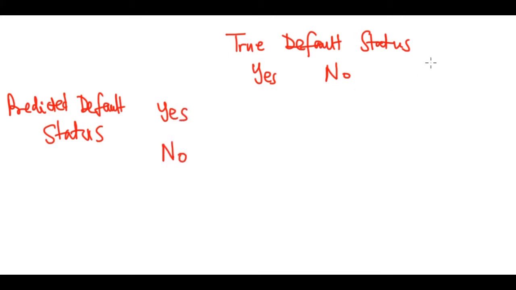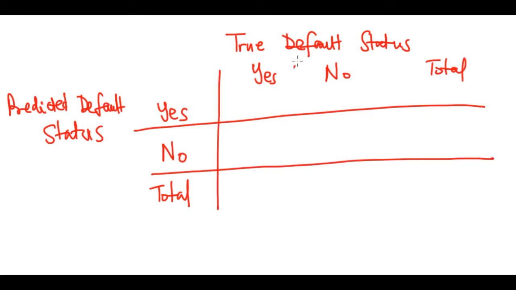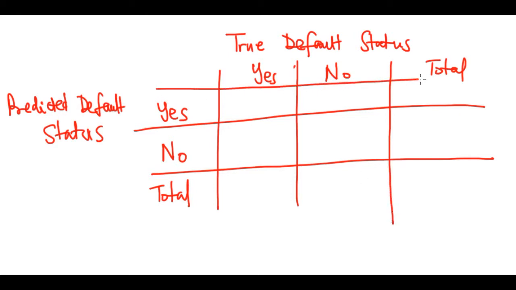Let's just add a total column here and a total row here. So we create a table like this.